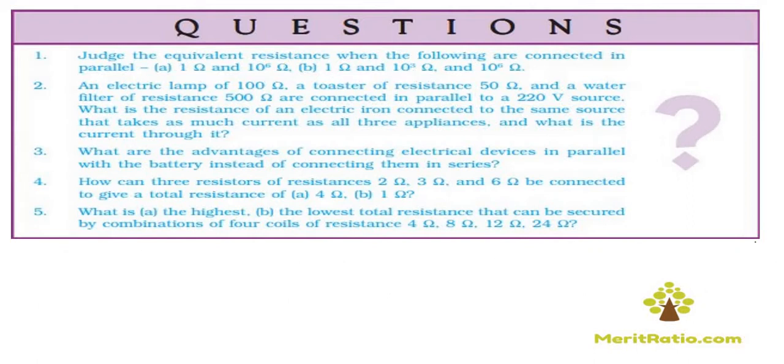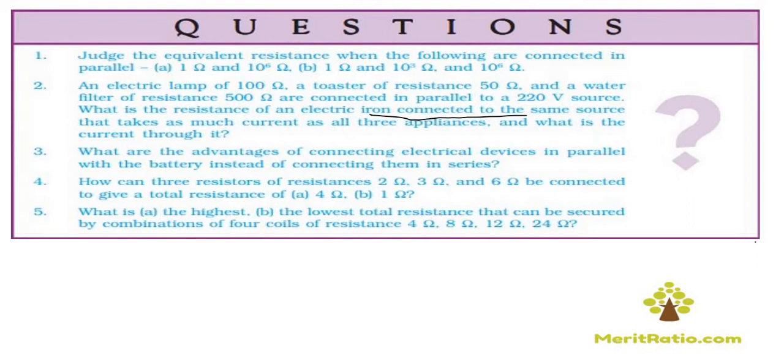In our question number 2, it is given an electric lamp of 100 ohm, a toaster of resistance 50 ohm and a water filter of resistance 500 ohm are connected in parallel to a 220 volt source. What is the resistance of an electric iron connected to the same source that takes as much current as all three appliances?